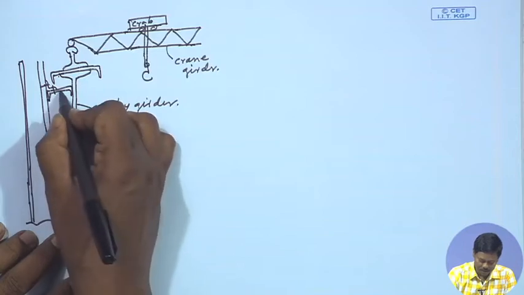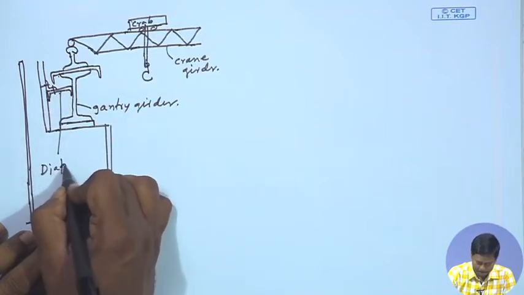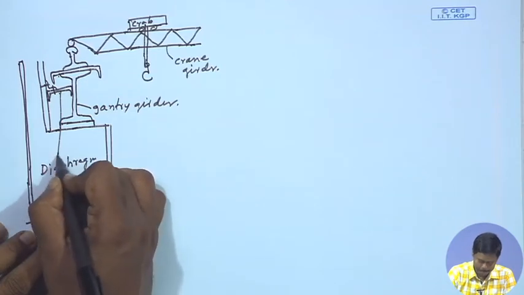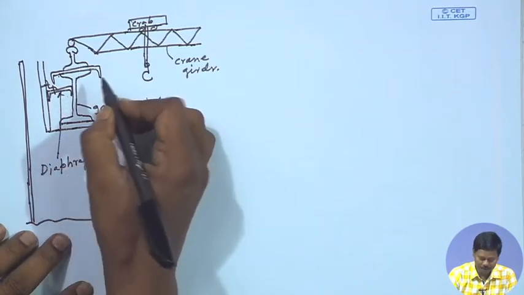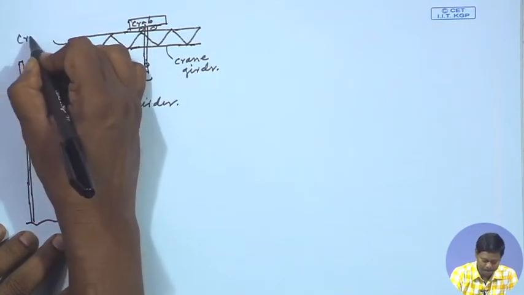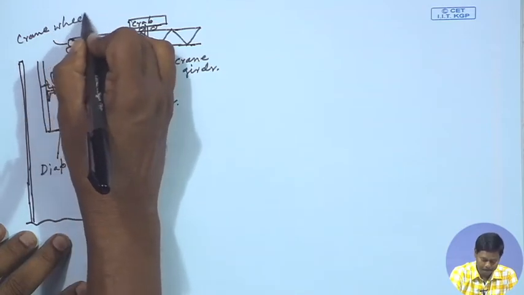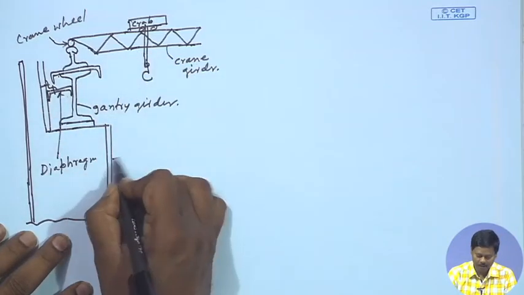This is called the diaphragm. Right, and this is the crane wheel. This is the step column.